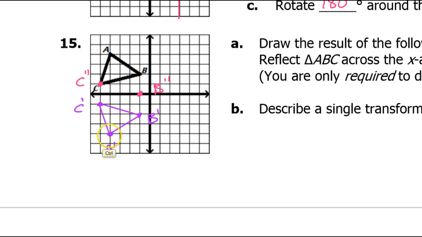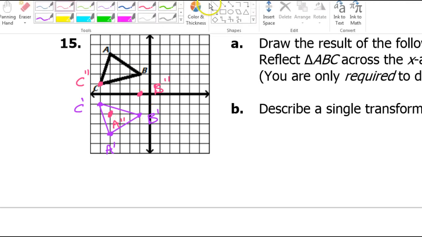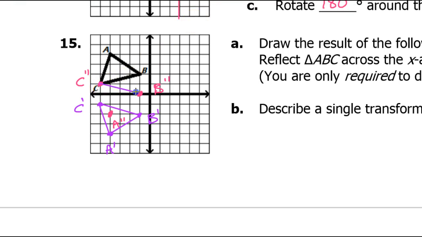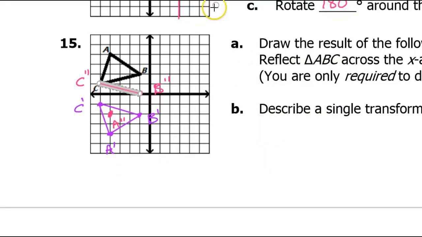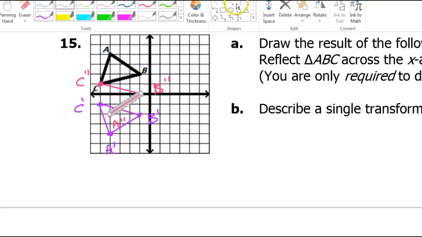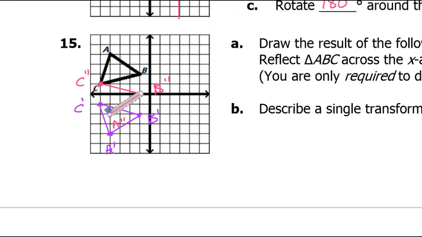And if I move point A prime up 2 units, that's going to be right here, and that'll be A double prime. Okay, let me go ahead and draw that. Okay, so there I've drawn it.